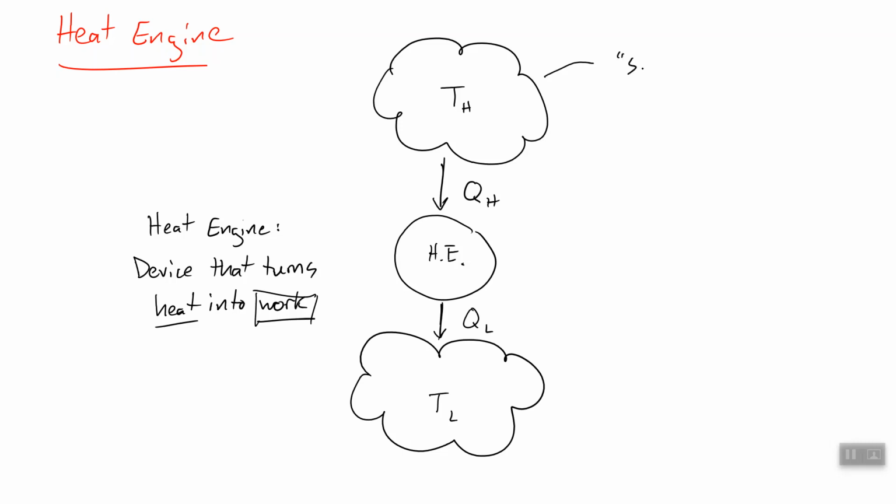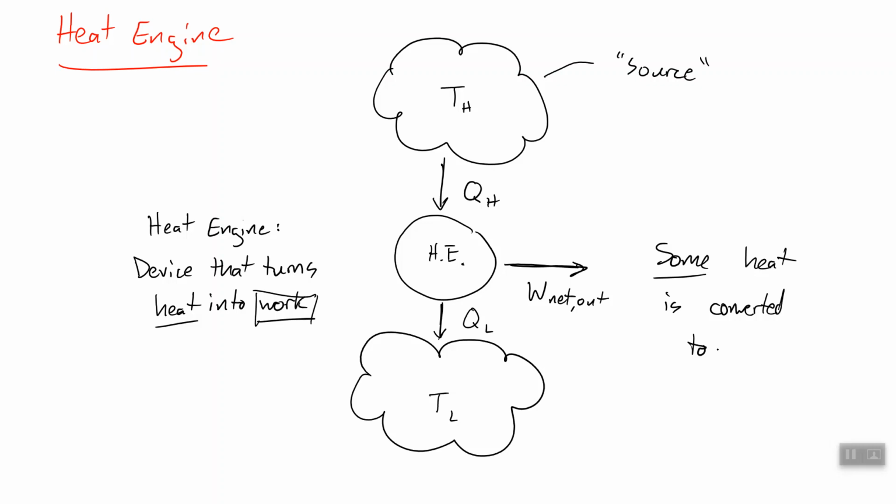Okay, so this high temperature reservoir is our energy source. This is where we're getting the energy from. And then some of that energy, our heat engine will turn into work. So some heat is converted to work. However, one property of heat engines is that some heat that we originally took from this TH reservoir is wasted.